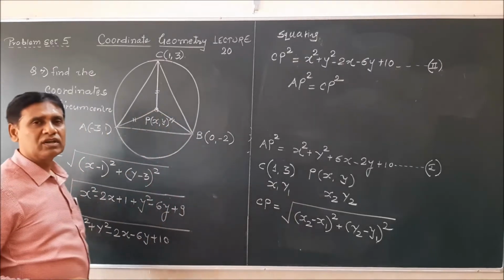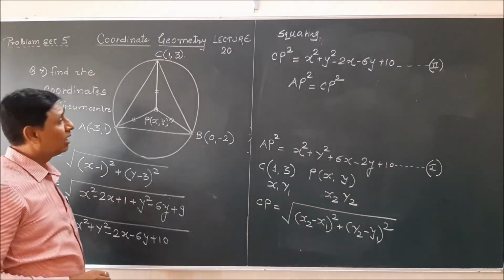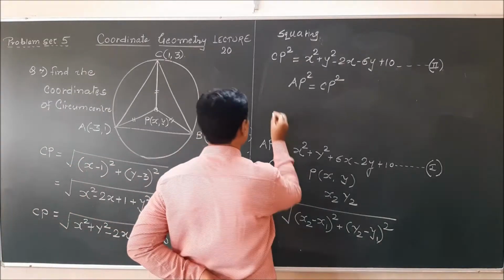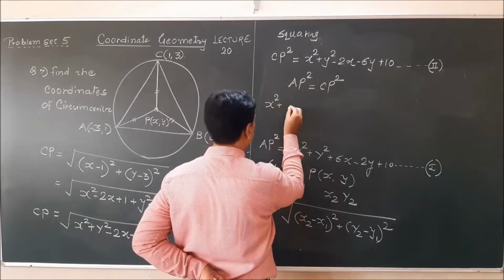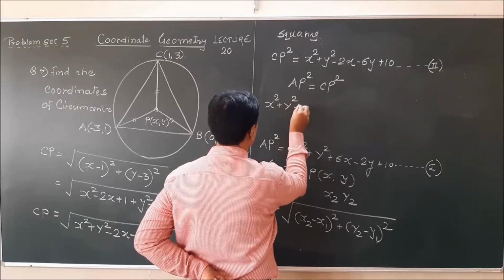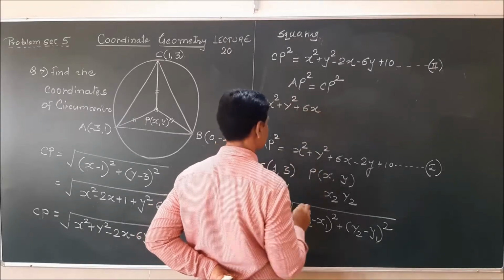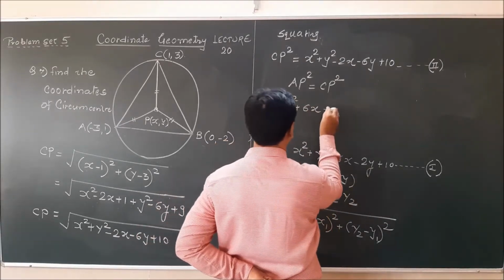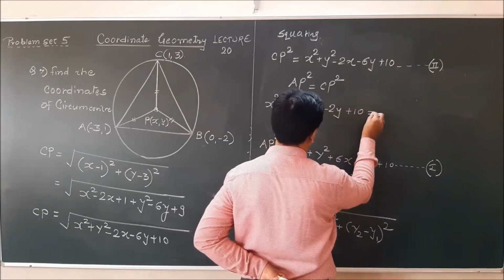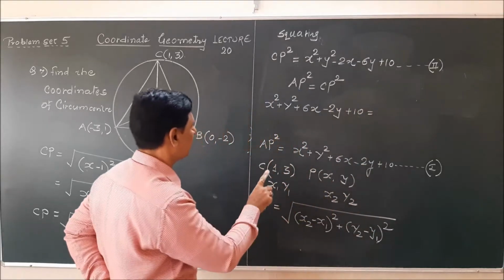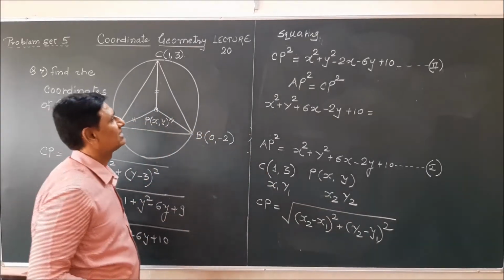The value of AP square is x square plus y square plus 6x minus 2y plus 10.